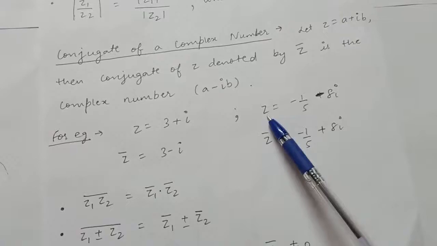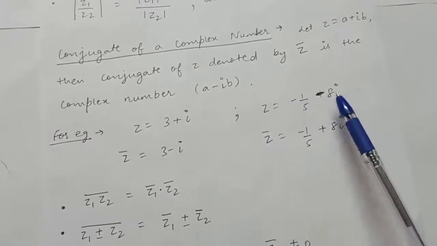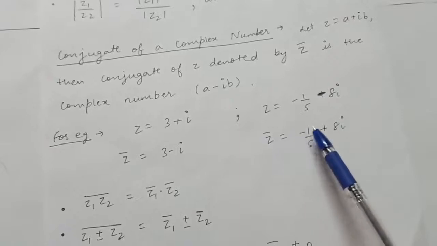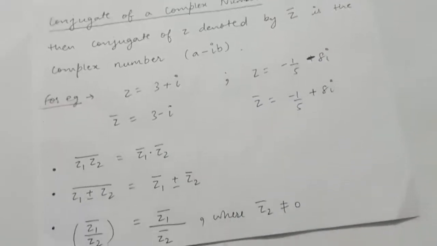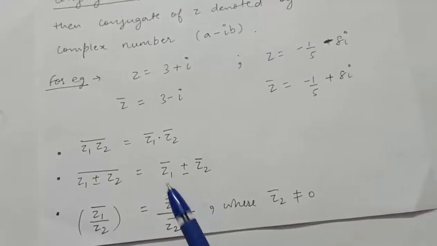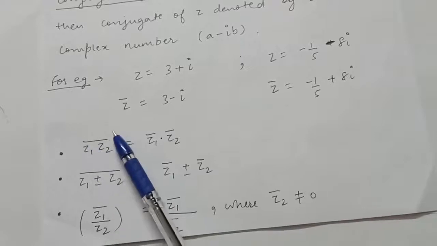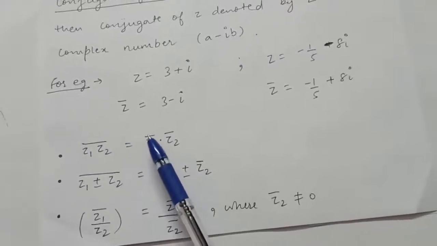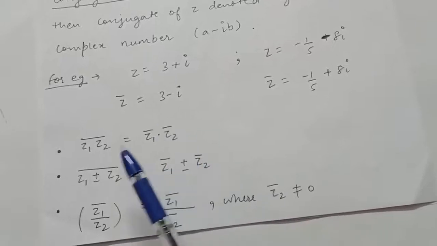Similarly, here z is given as minus 1 by 5 minus 8 iota. So z conjugate is minus 1 by 5 plus 8 iota, right? Now there are some properties of the conjugate of a complex number. The conjugate of z1 into z2 is equal to z1 conjugate into z2 conjugate.